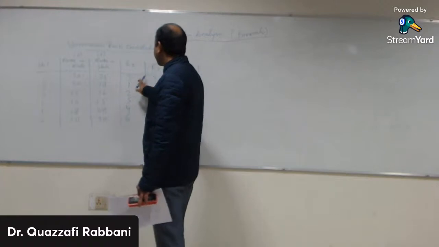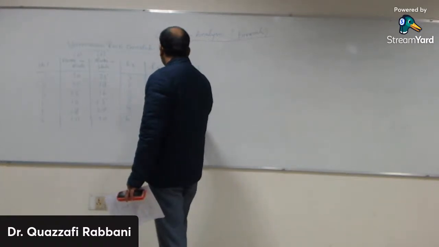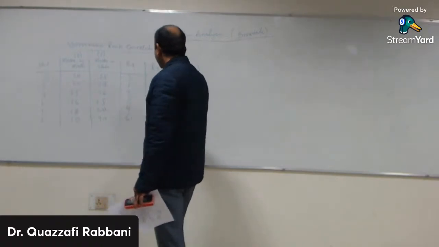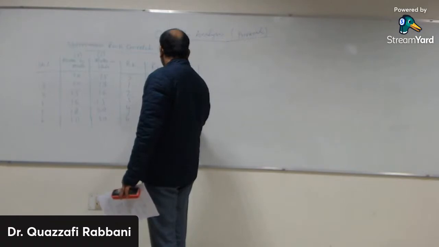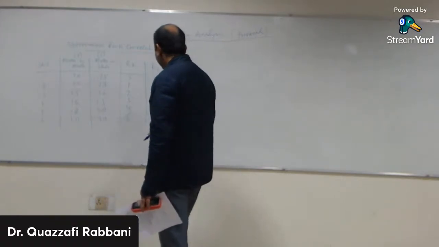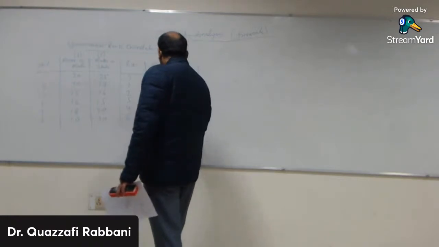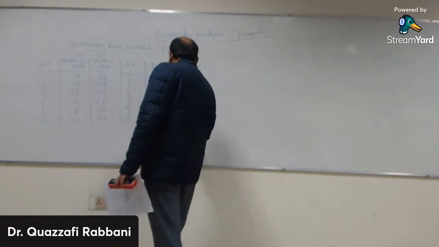Here the difference of 3 and 3 is 0, the square is 0. The difference of 1 and 2 is 1, the square is 1. The difference of 2 and 5 is minus 3, the square is 9. 5 and 6, the square is 1. 4 and 4, this is 0. 6 and 1, the difference is 5, the square is 25.